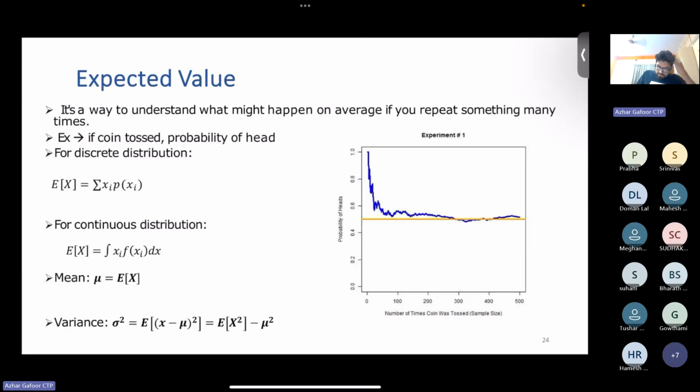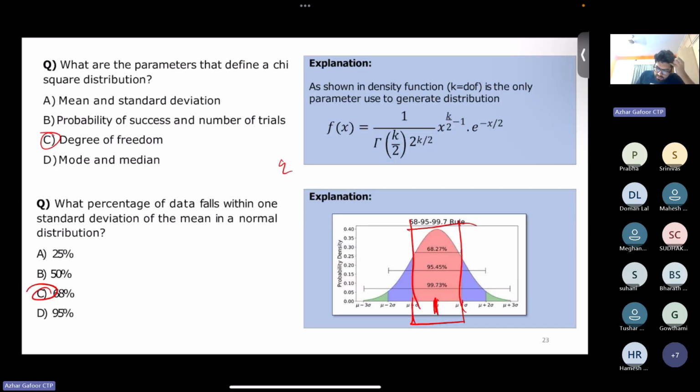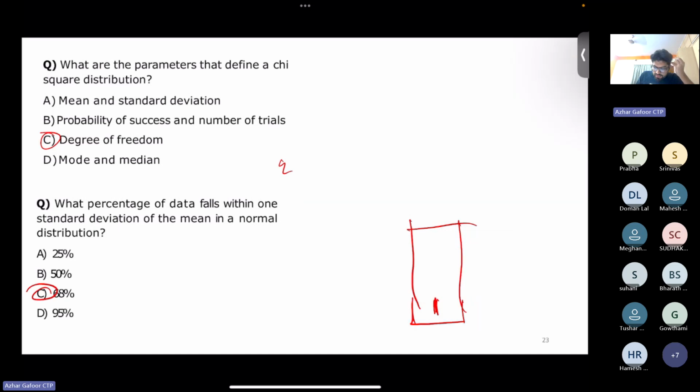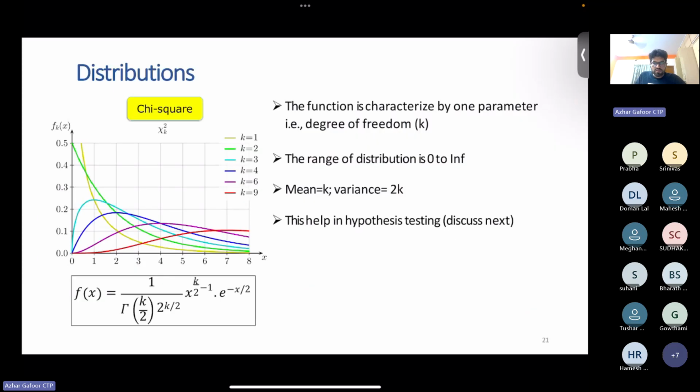Excuse me, sir, can you please explain chi-square? Chi-square distribution? Yes. So chi-square distribution is actually defined by only one variable, that is the degrees of freedom, denoted by k.